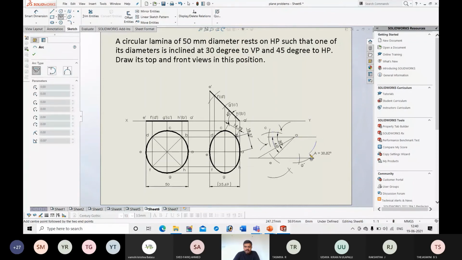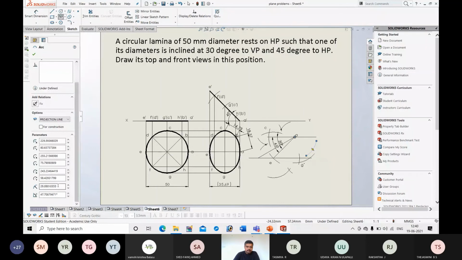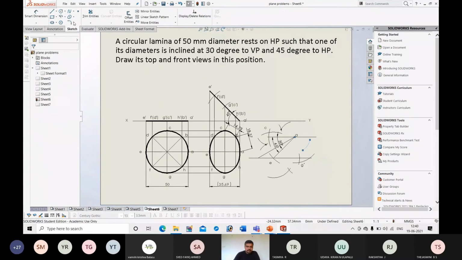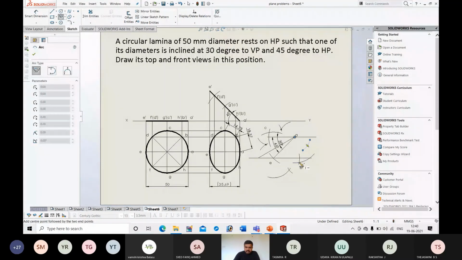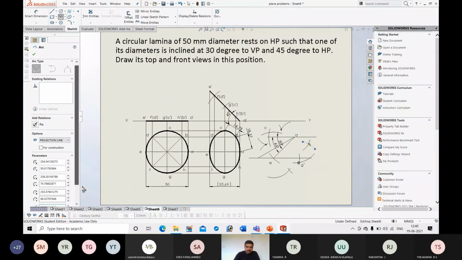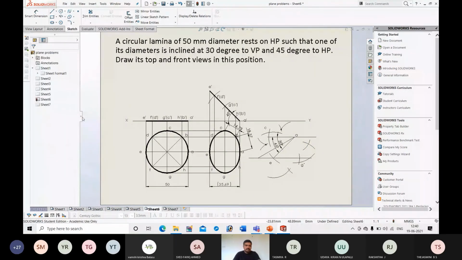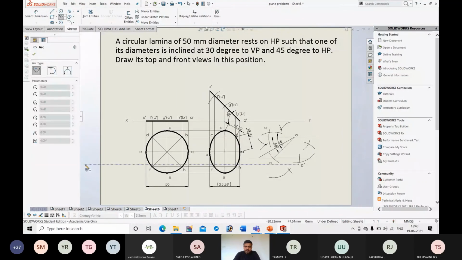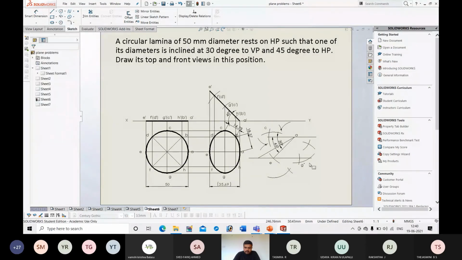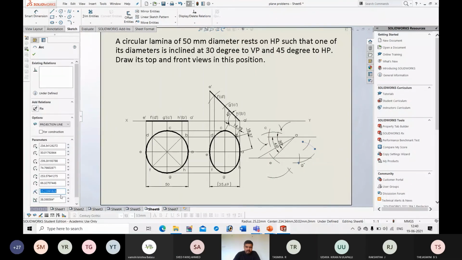From A, the radius will be 18.37. From G, the radius will be 14.79.